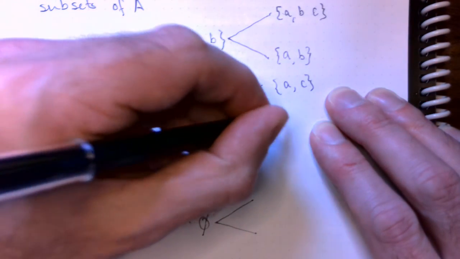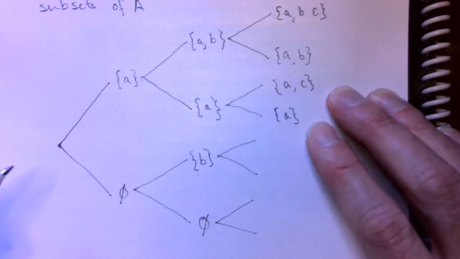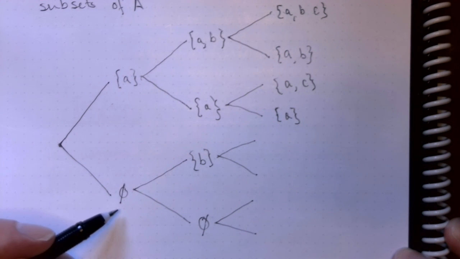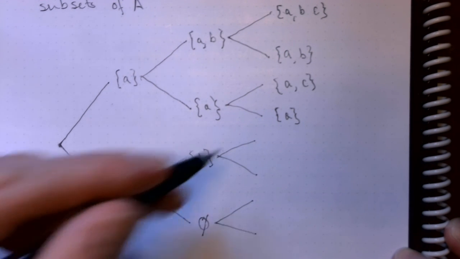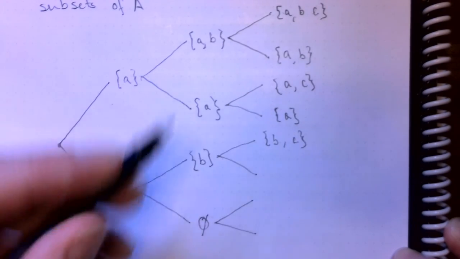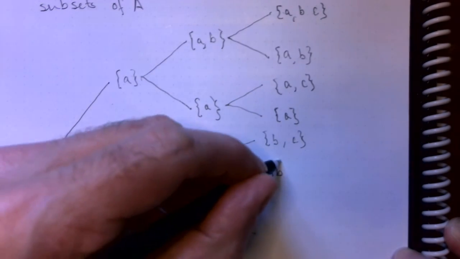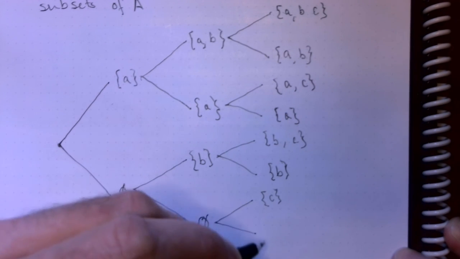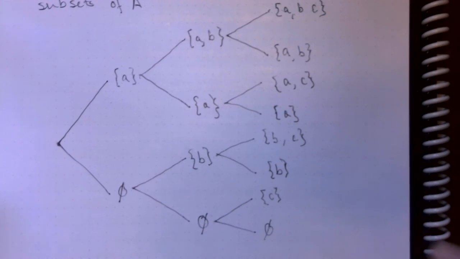And if I decide not to put C in, then I would just have A. Okay, now on this branch, I've said no to A, yes to B. If I say yes to C, I've got this. If I say no, I'm here. And we'll finish it off like that.